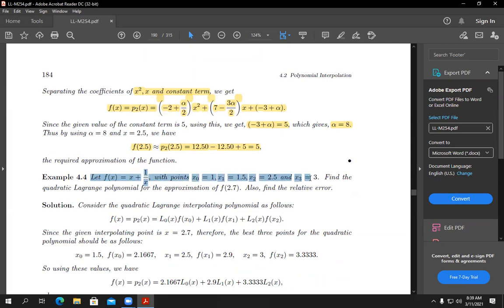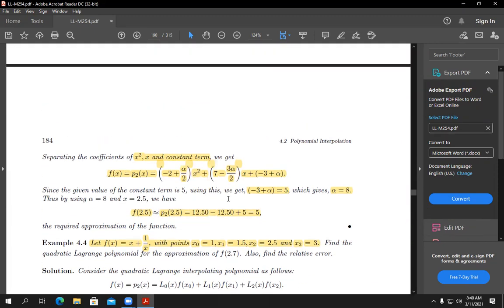He gives you the value of the function and he gives you the data points. Up to now, the examples are very simple. It's not a tricky one. A tricky one comes later on. Let f of x be equal to this one, and you are given points. This is a good one. Let me check how you behave on this one.